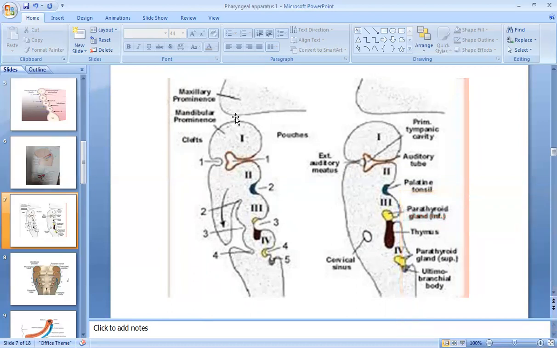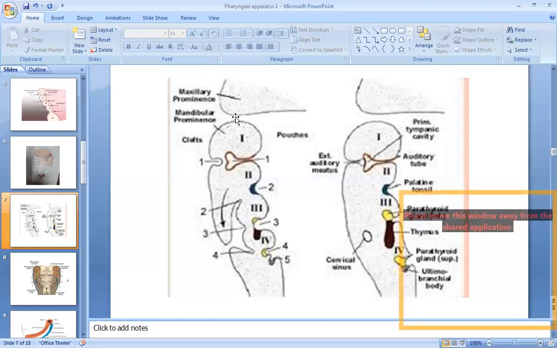This is the diagram. The first pharyngeal arch has 2 wings, the dorsal and the ventral. The dorsal will be converted into premaxilla, maxilla, zygomatic bone, and part of the temporal bone. The other, the mandibular process, will be converted into the mandibular division or the mandible.